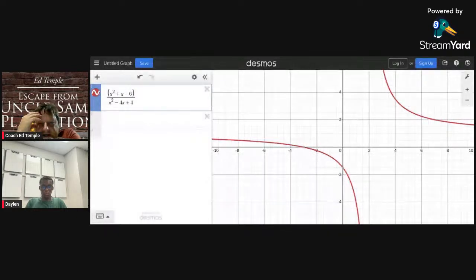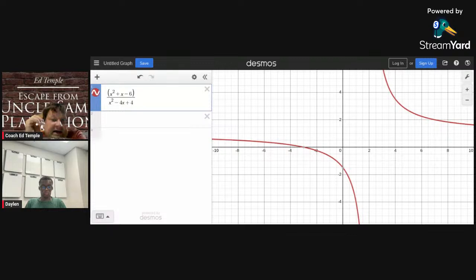What you would find is an astronomically large number, which means from the right side it's going up to infinity. And if you were to put in 1.9999999, it would be an astronomically low number because it's going to negative infinity.